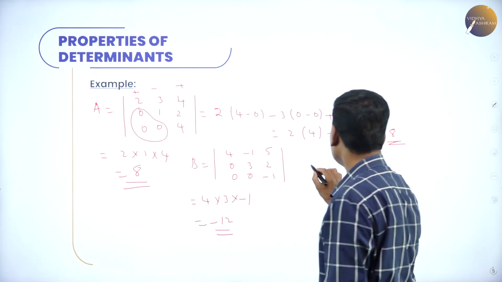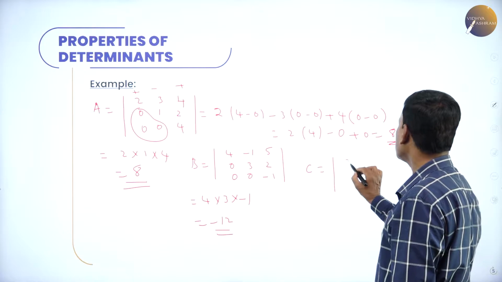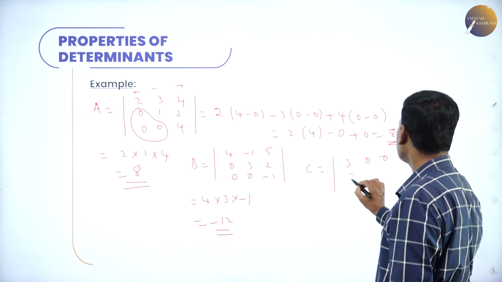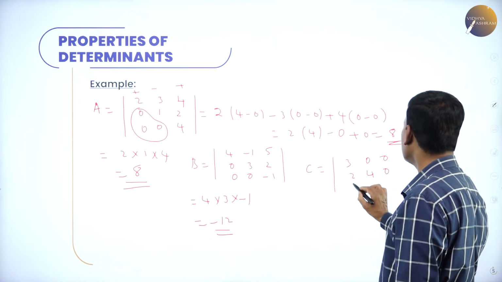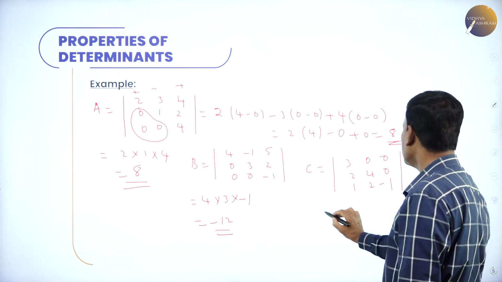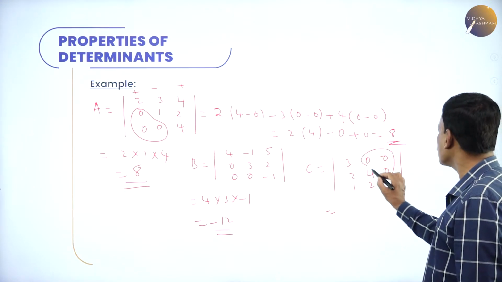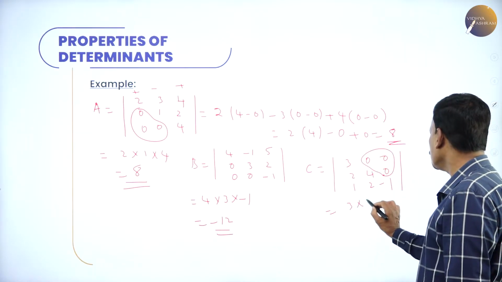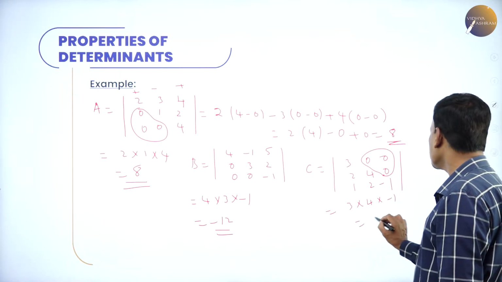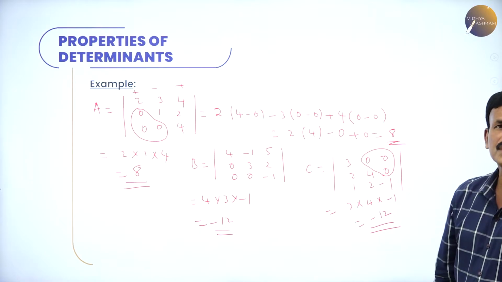Or if I take one more example, where all the elements above the principal diagonal are zeros: 3, 0, 0; 2, 4, 0; 1, 2, minus 1. Since all the elements above the principal diagonal are zeros, this is 3 into 4 into minus 1, which is equal to minus 12. This is how we are going to expand this.